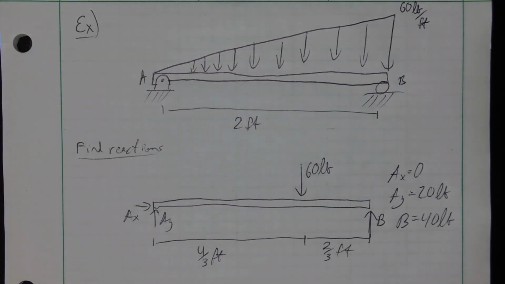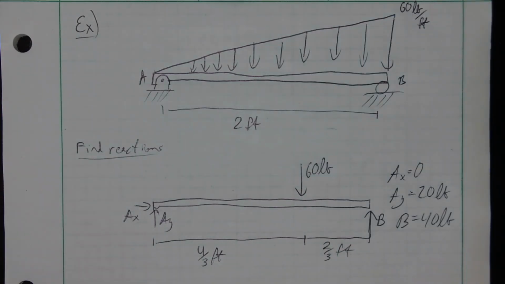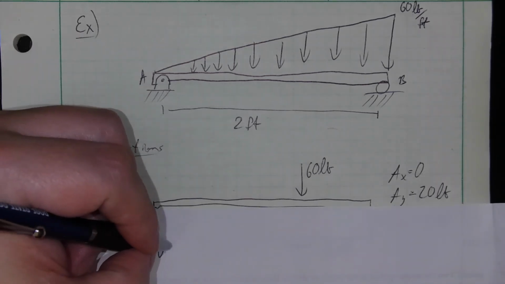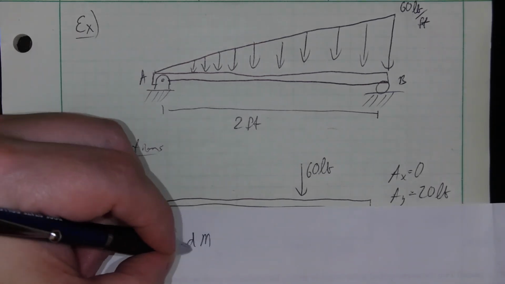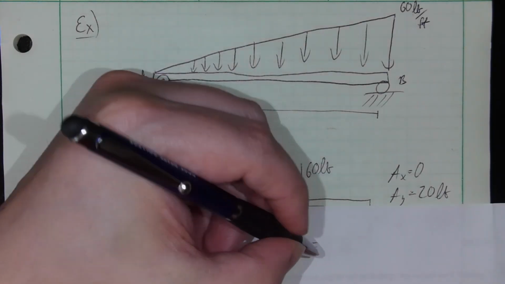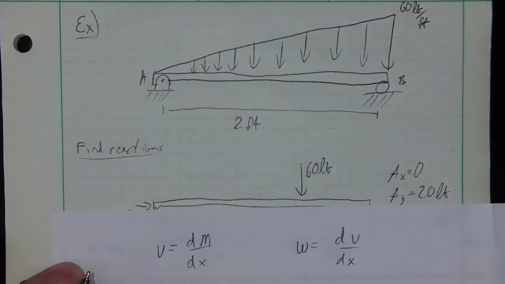Now, this is what I can tell you. With this in mind, knowing these values, knowing I've got a linear distributed load, remember that we know that the shear is the derivative of the moment with respect to x. And the distributed load is going to be the derivative of the shear with respect to x. Now, what do I know here?